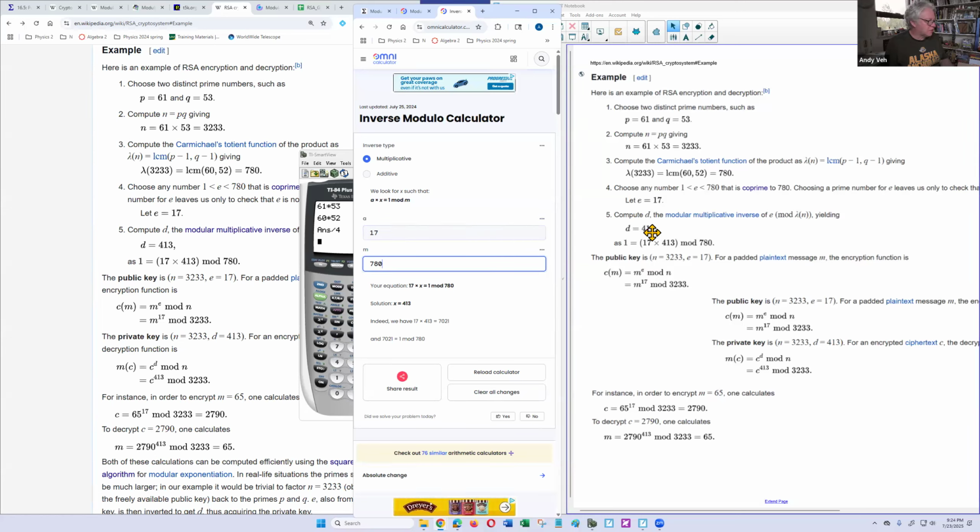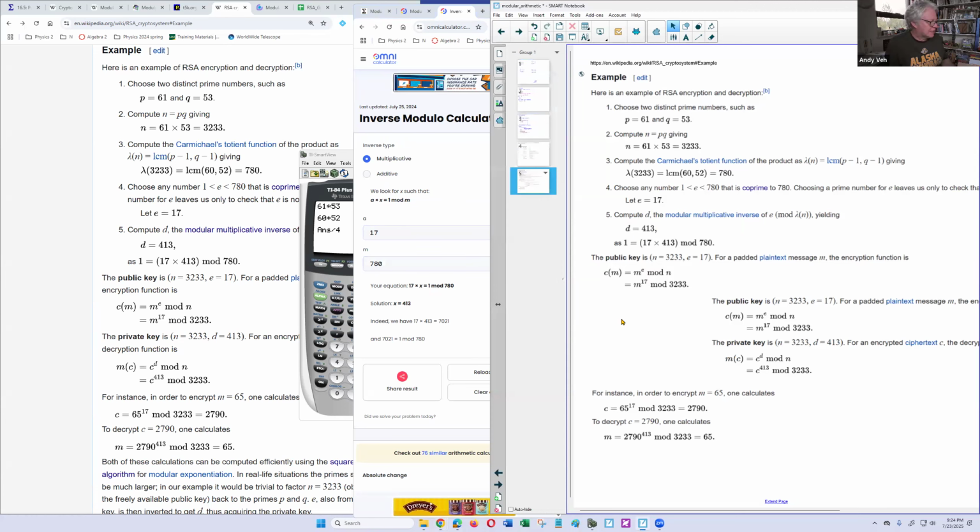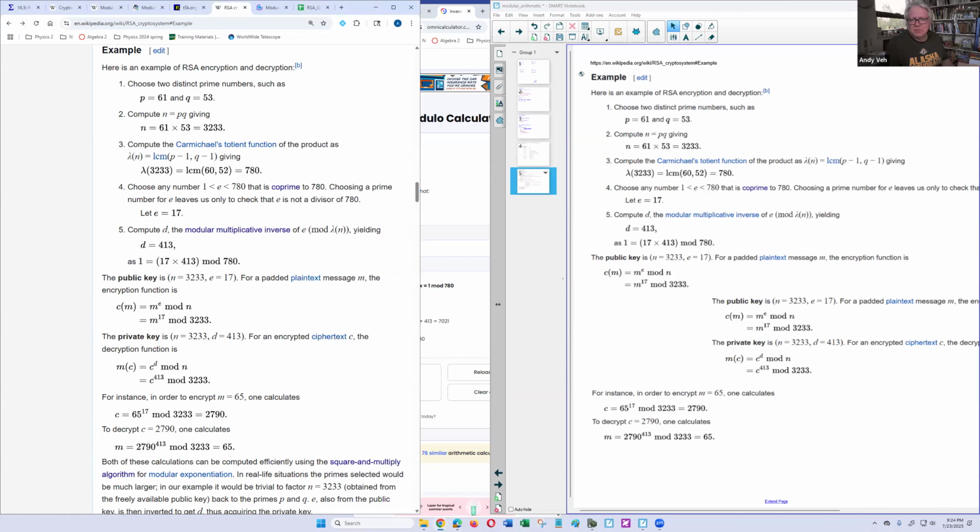And if you turn these around, the 17 would then be the modular inverse, and you get 1 when you take the modulus.